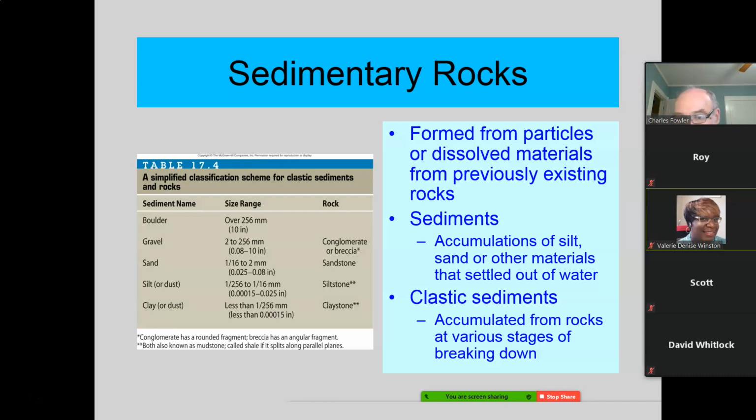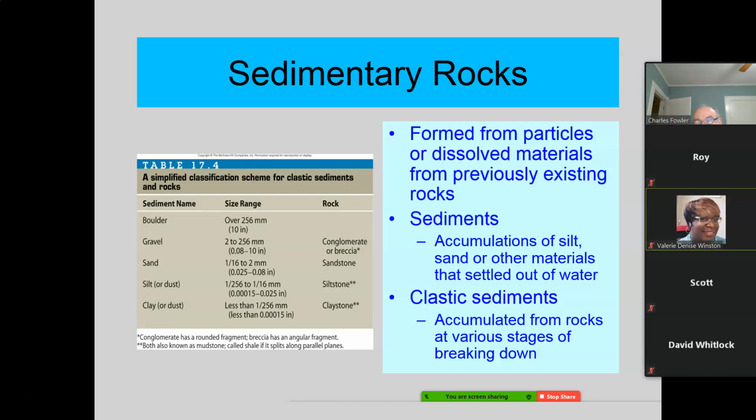Silt would be between that and 1/16 of a millimeter, which is still very fine. That would be flour or dust. Sand is between that size, 1/16 of a millimeter, up to 2 millimeters. 2 millimeters would be the thickness of 2 dimes together. So that would be the largest sand particle.